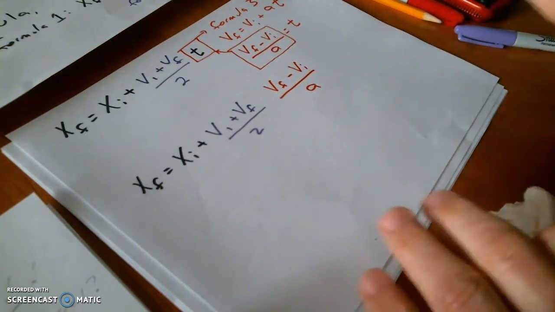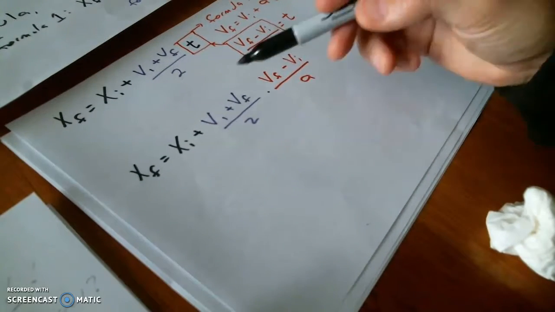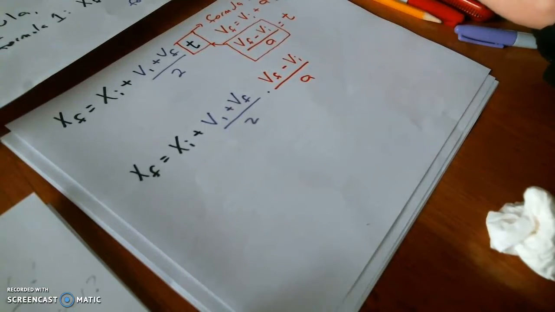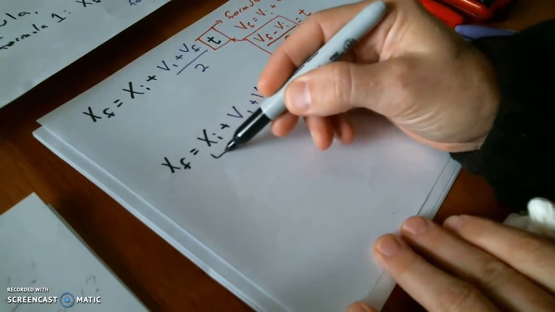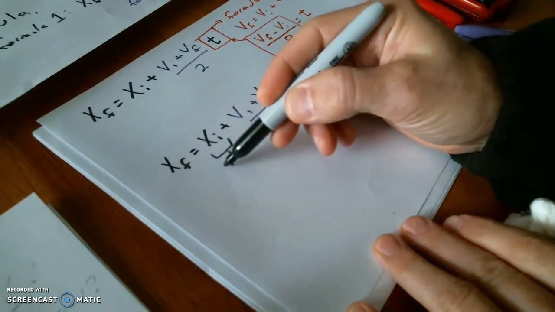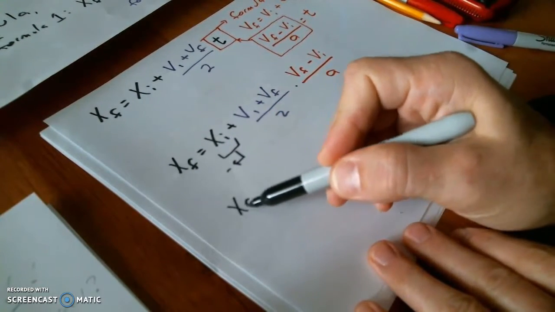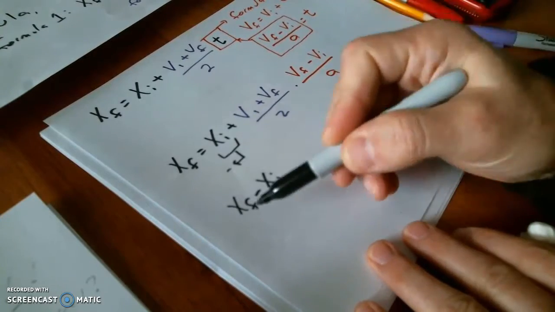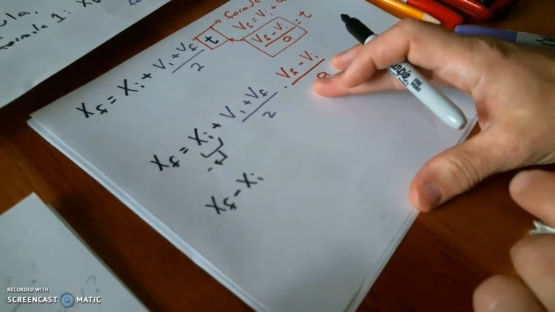And this is a multiply sign. Okay. So that's the basic setup. Now it's just a matter of simplifying this sort of stuff. What I'm going to do is move this XI over just to get it out of the way for now. So on the left side, I will have XF minus XI. So sometimes they just write it as a delta X because it's a final minus initial.